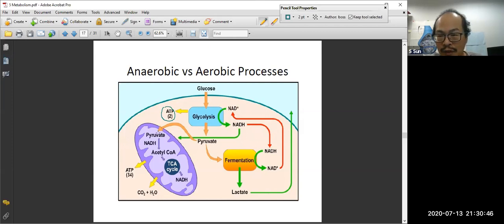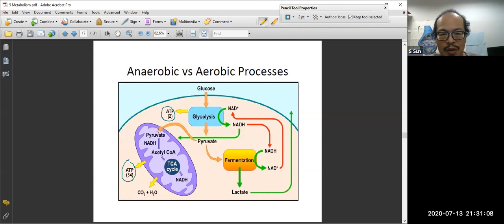If we provide them oxygen, then this pyruvate enters into the mitochondria to convert to the acetyl-CoA to be processed through the citric acid cycle, through the electron transport chain, then this will produce 34 ATP. So that's a lot more.